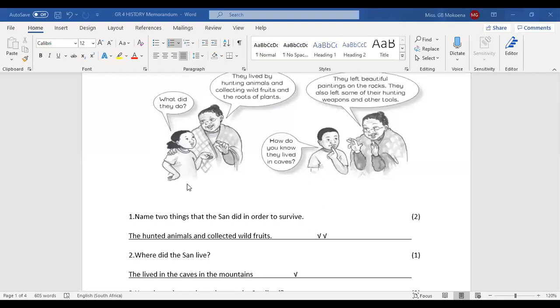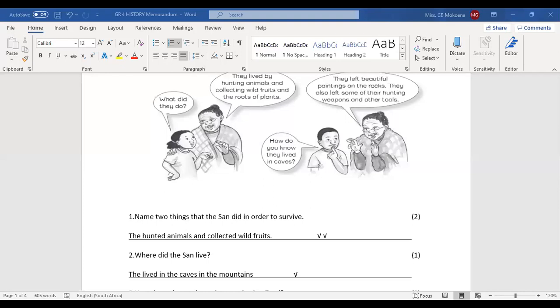Okay, there are 2 sentences, name them. They hunted for animals, and number 2, they collected wild fruits. Nice one.